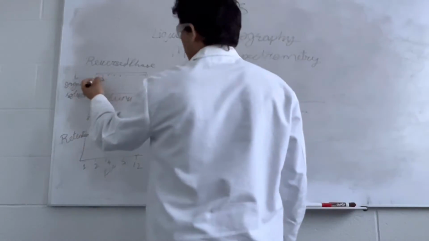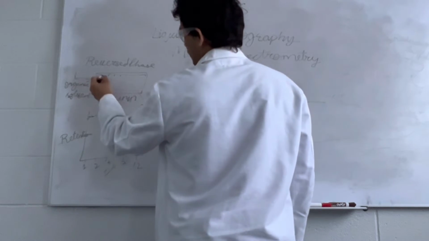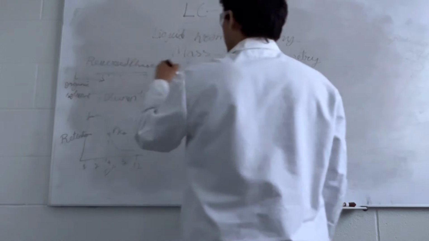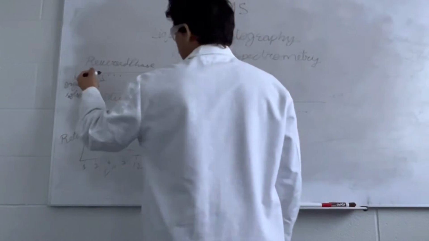It is then difficult to elute, or it will elute at the end, because it has a higher affinity towards the column.